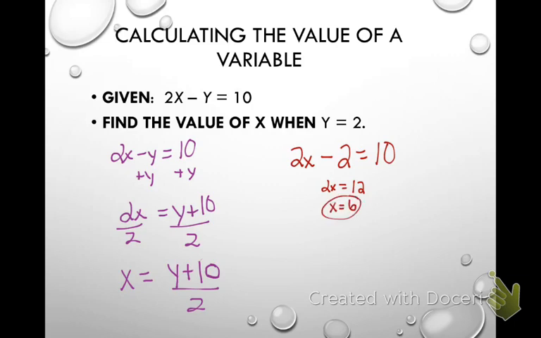Same way here than if we would have plugged in a 2 right here and gotten 12 divided by 2. There's not a right and a wrong way of doing it. It may tell you to rewrite it in terms of x and then find it, but you're still going to get the same answer. That's not going to change.